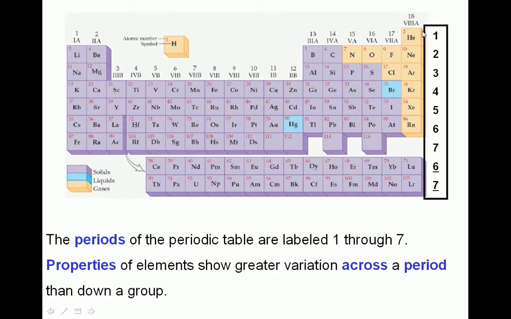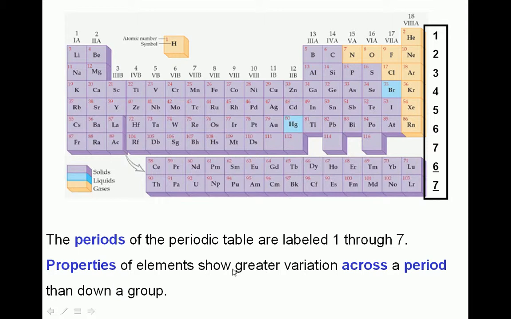Okay, so the periods, that's the horizontal rows, are labelled 1 through 7, and it's important to remember that this block underneath, these inner transition elements, actually belongs in periods 6 and 7. So it goes 1, 2, 3, 4, 5, 6, 7, and then these are 6 and 7.